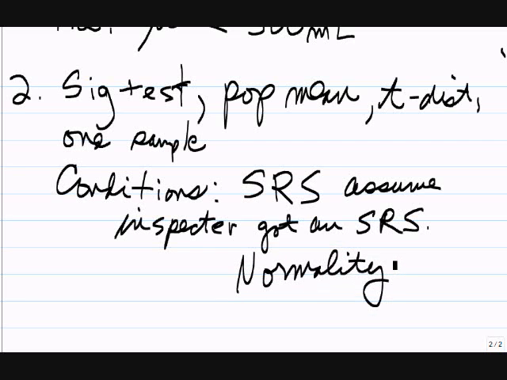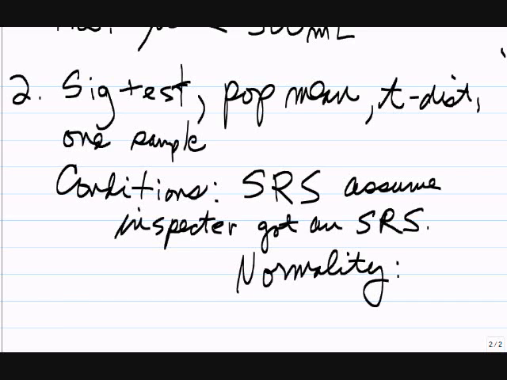Okay. So how am I going to get normality of my sampling distribution? Box plot. Good. So anybody make a box plot of this? I think I did put this in my calculator. There's no outliers. Good.